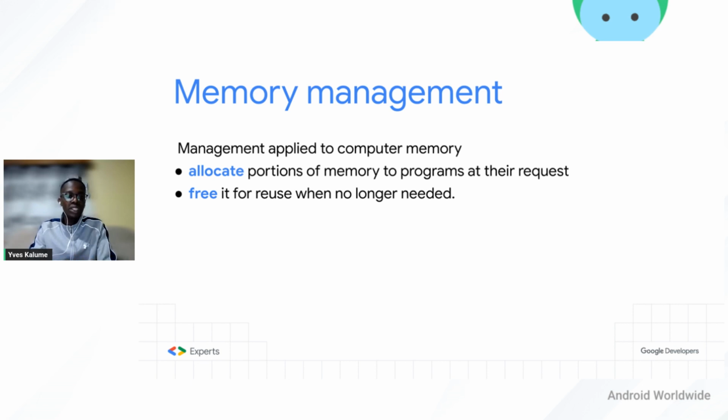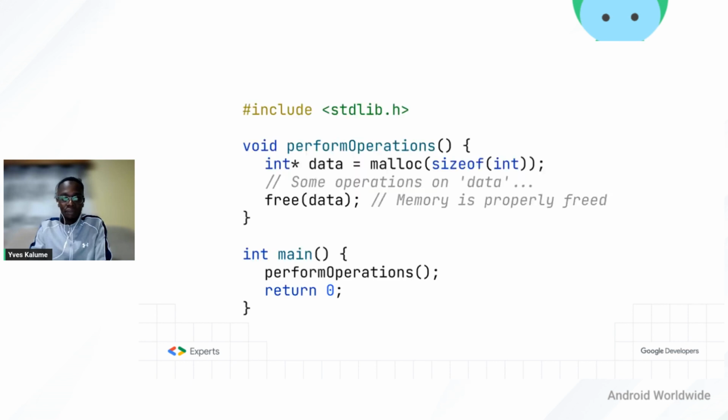It involves allocating a block of memory to a running process in order to let it carry out its operations. And since the memory on a computer is not unlimited, we have to release this memory after it has been used and when it is no longer needed.